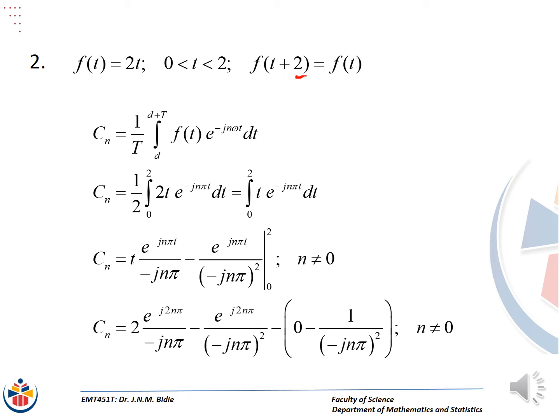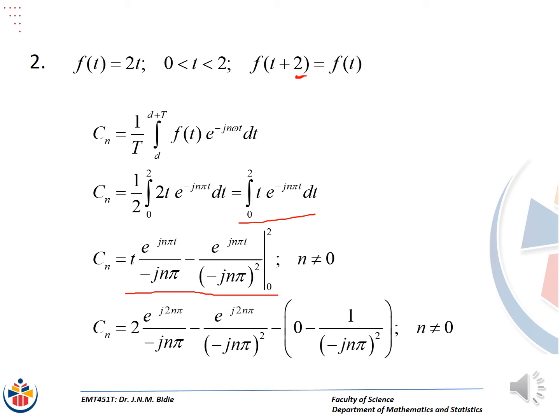So we substitute the period, substitute the interval, substitute the function multiplied by e to the power negative j n pi t dt. And then we took 2 out, so that's what we are left with. And then we use integration by parts. And we got those two terms.